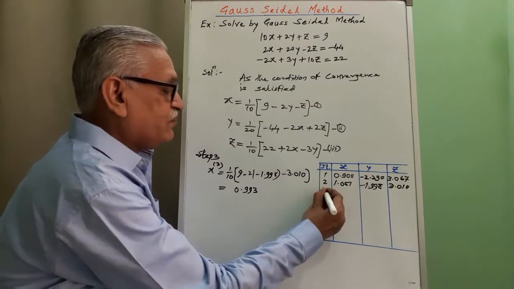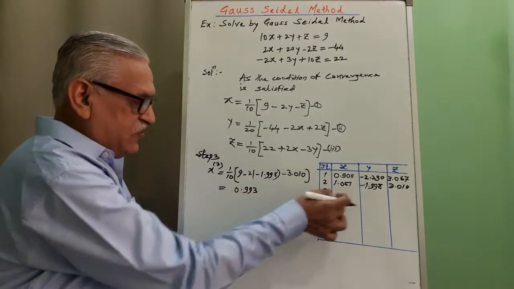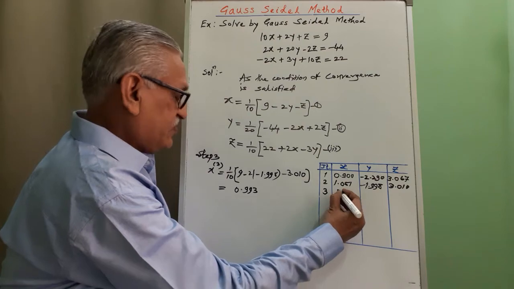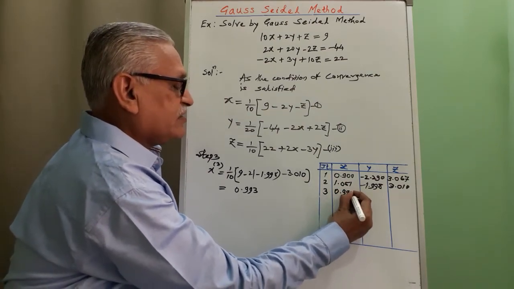We get 0.993 for step number 3 or iteration number 3. Therefore, substituting this value in the table for x, we get 0.993.